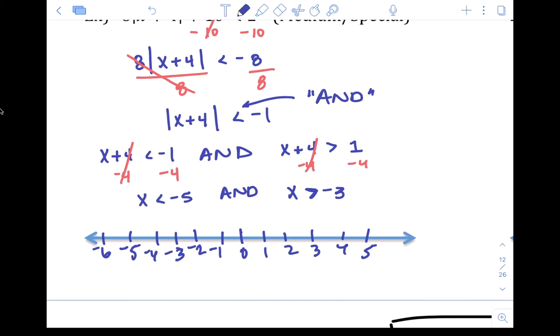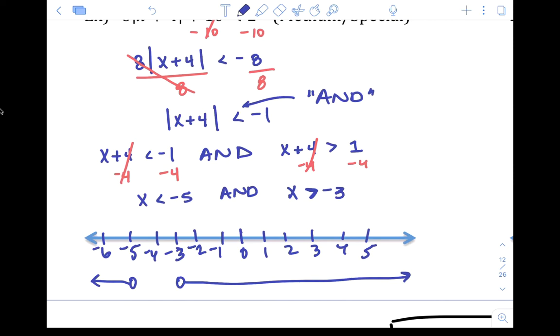I would have an open circle at negative 5, and then I would shade everything to the left of that negative 5, because that's x is less than negative 5. At the same time, I would need to find the overlap with an open circle at negative 3 and everything shaded to the right. If there's no overlap, there's no solution.